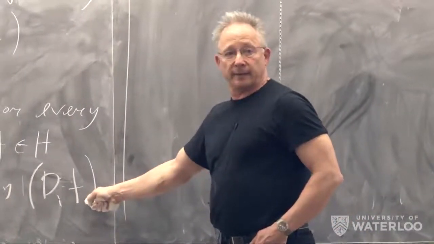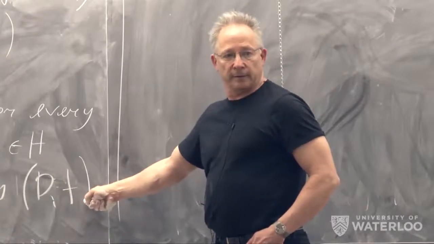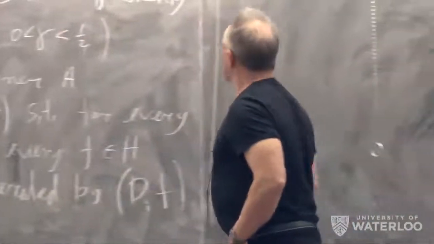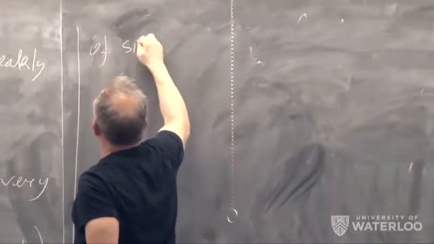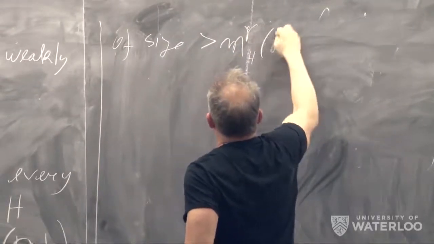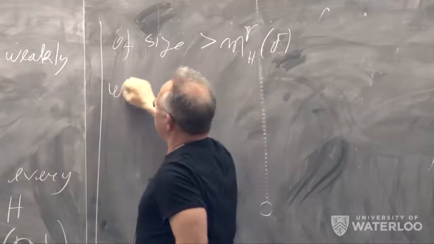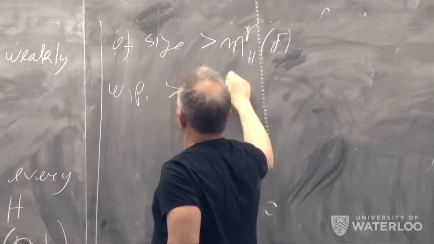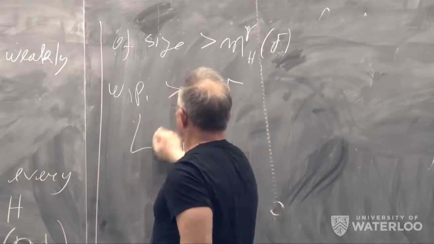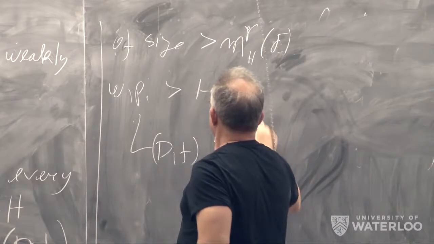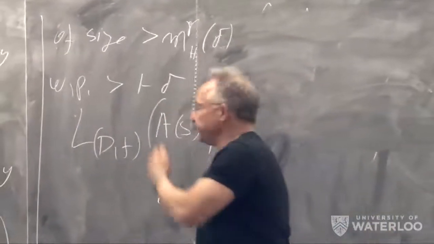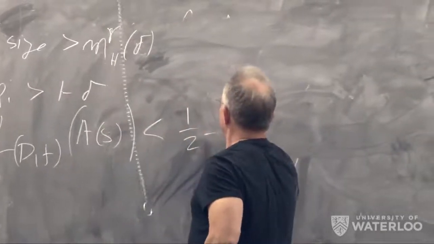We're in the realizable case, so we have a labeling function here. If we have such a sample of size greater than this m_H^gamma of delta, then with probability greater than 1 minus delta, the error L_{D,f} of A of S is going to be at most half minus gamma.